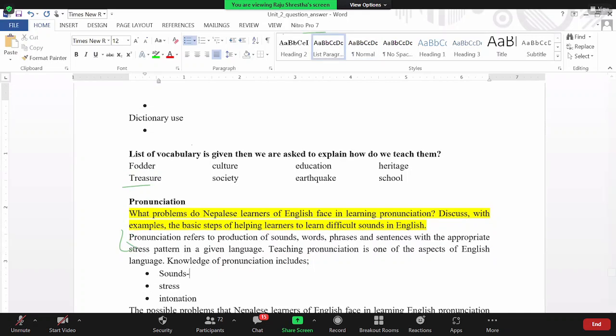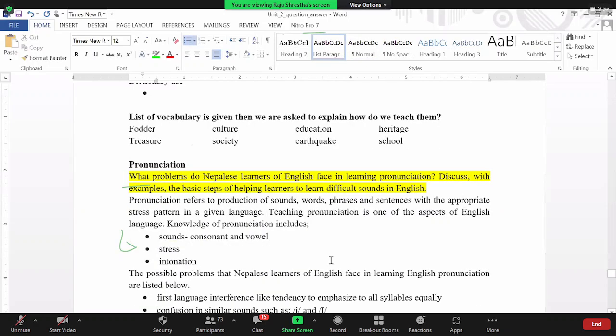In sounds also, we talk about consonant and vowel sounds, 24 consonant sounds and 20 vowel sounds. Altogether, we have 44 sounds in English. They are the phonemes. Then we have to discuss stress and intonation pattern. So altogether, these make pronunciation.